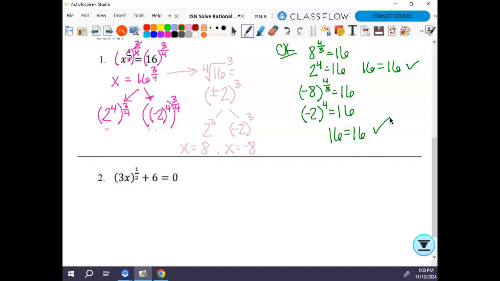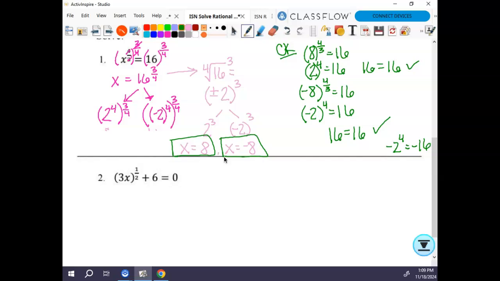And this is one of those times where your parentheses matter, because if you don't have parentheses around that negative 2 to the 4th, if it looks like this, negative 2 to the 4th like that, that is equal to negative 16. Because you take 2 to the 4th and then you make it negative, right? So when we're substituting this in as x, even if you want to do it on everything you do, put the parentheses around there to be safe. Just make sure you know where the parentheses are and what they mean. So these both work, so these both are my answers.